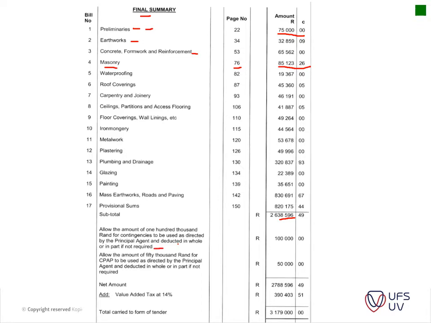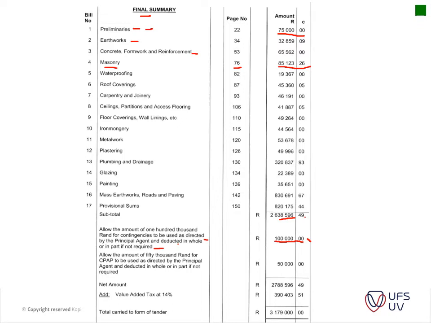So basically it says let's allow 100,000 just in case we didn't measure everything, or if the client or someone wants to make a change. We can use this 100,000 Rand, but the contractor should note that he is not entitled to this amount. This amount is subtracted if it's not used. So that's what the contingency is for.